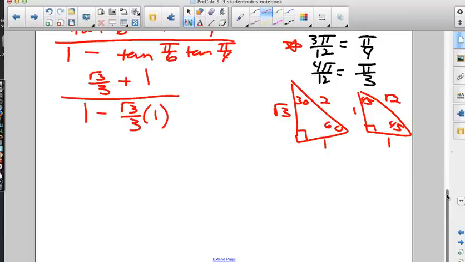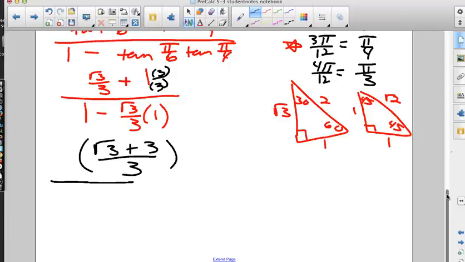So what we have to do is figure out how we can at least get this to be 1 fraction over 1 fraction. And to do that, we'd think, well, the common denominator here is 3, so I'm going to multiply this 1 by 3 over 3. That'll give me the square root of 3 plus 3 over 3. At least I have 1 fraction on the top now. It's looking a little better. I'll have to do the same thing on the bottom: 3 over 3, except this will be 3 minus the square root of 3 over 3.